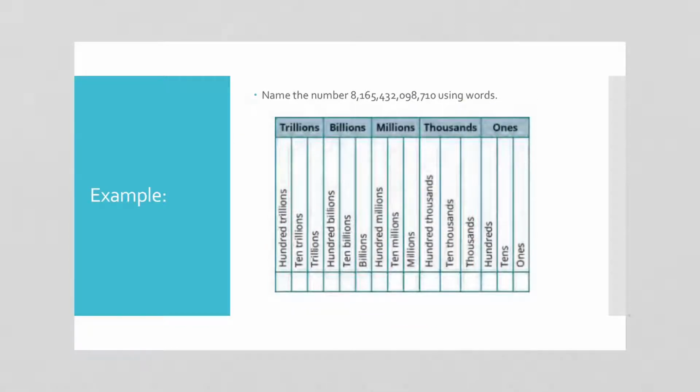Okay, now with really large numbers like this, I would have a tough time saying this without actually writing it in a place value chart. I mean, I could if I really thought about it, but again, I just think it's easier, especially if I have one sitting in front of me like I do right here. So the first thing I would do is I would fill in my chart.